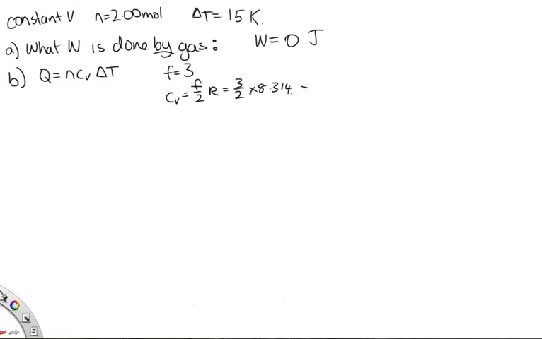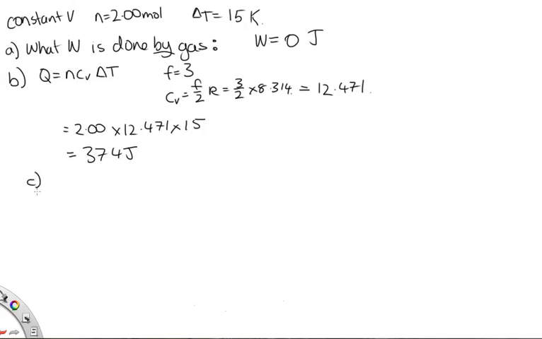Solving that on the calculator, we get 12.471. Okay, so Q is equal to 2.00, that's n, times this 12.471 times the change in temperature, which is the 15. Solving that, we end up with 374 joules of heat is added to the system.